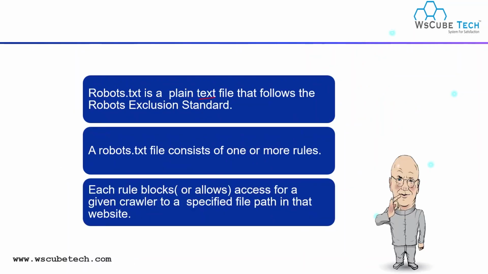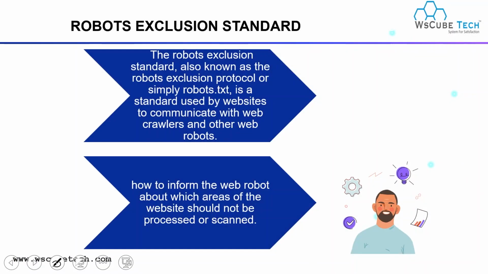Robots.txt is a plain text file and it follows the robots exclusion standard. A robots.txt file consists of one or more rules, and each rule blocks or allows access of a given crawler to a specified file path in that website. Now, let me explain some robots exclusion standard.